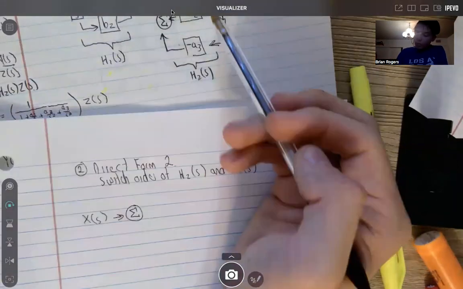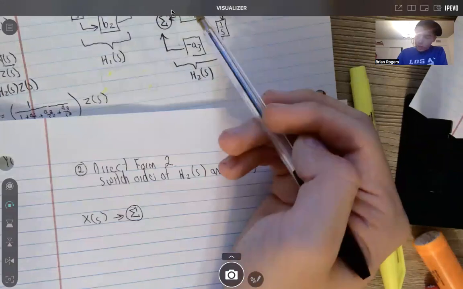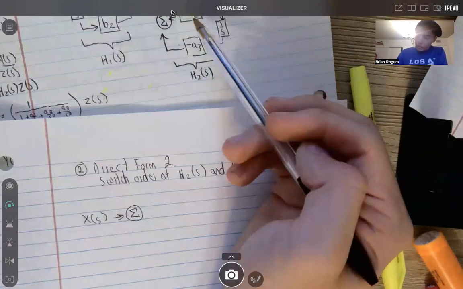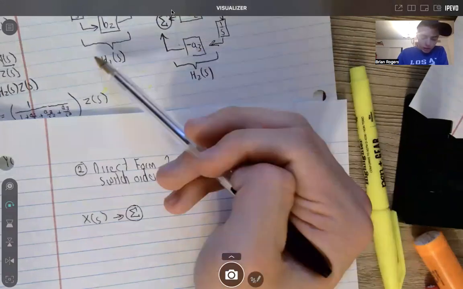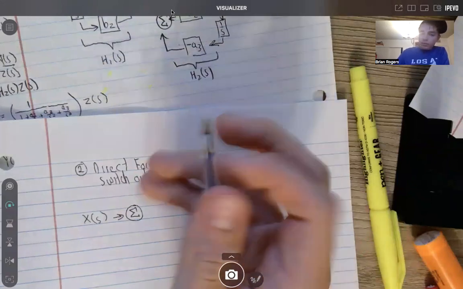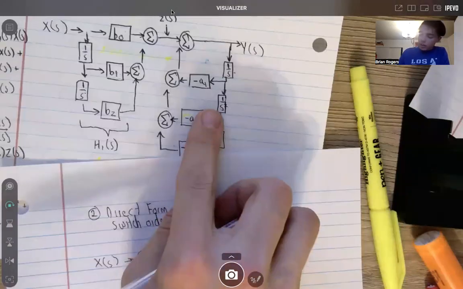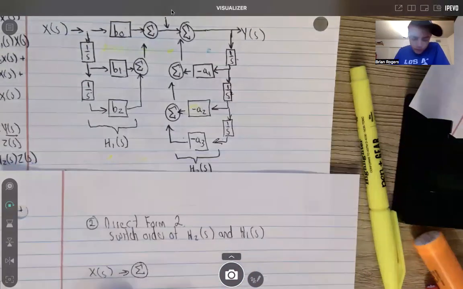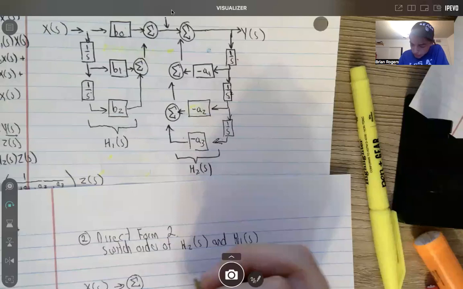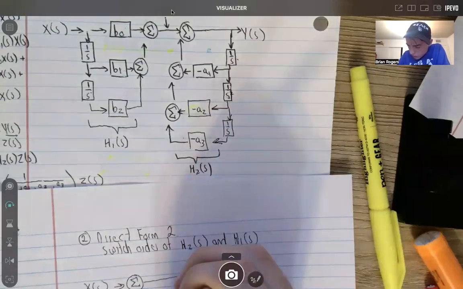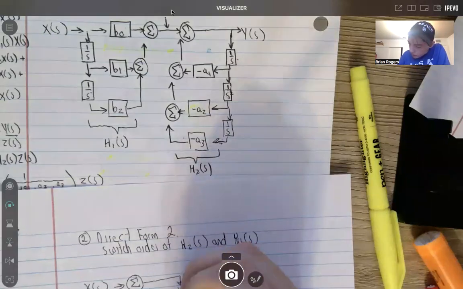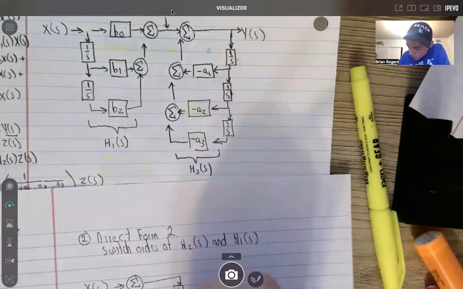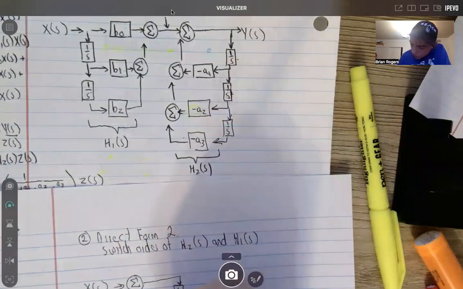If I flip it so it came over here, I'm redoing this H2 of s up here, literally just copying it and putting it down here because I'm switching the order. So I'm just copying everything I have here. So 1 over s, then I have another 1 over s, then another 1 over s, and then I have a negative A1.